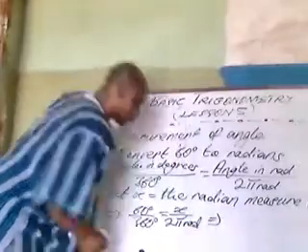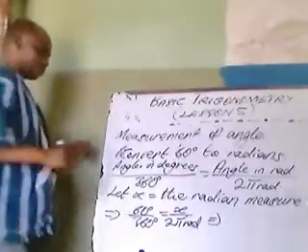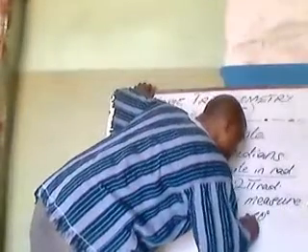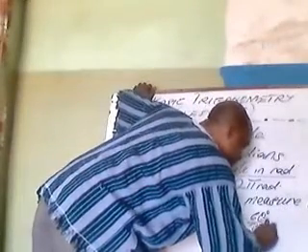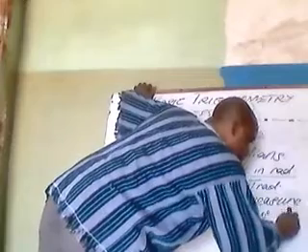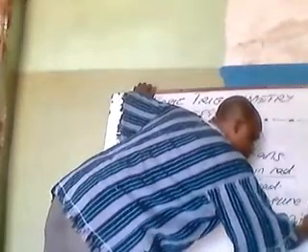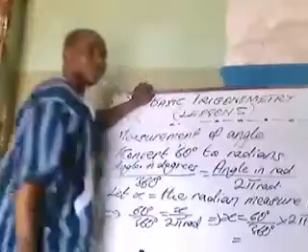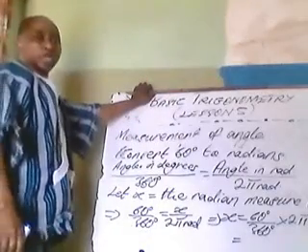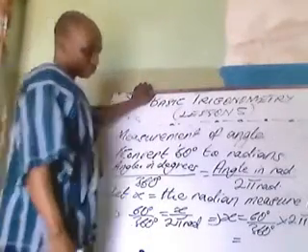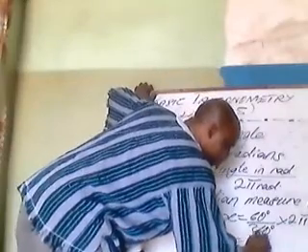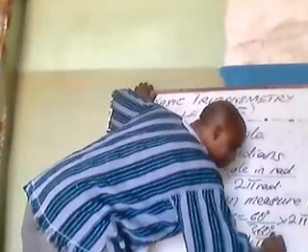Then making x the subject, we will end up getting x being equal to 60 degrees divided by 360 degrees times 2 pi radians. So at the end of the day, we will end up getting 1/3 pi radians.